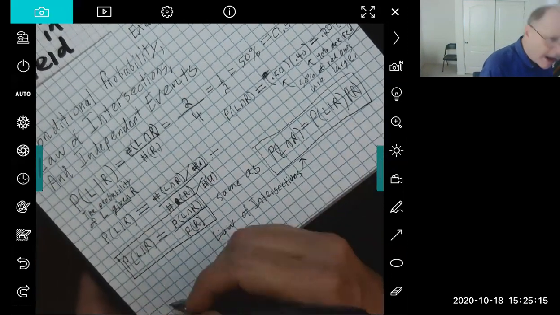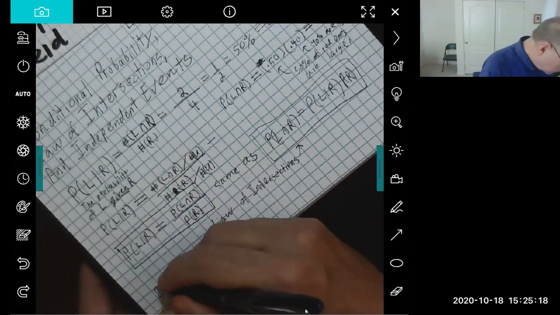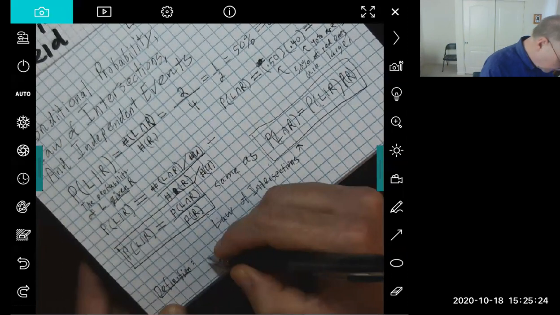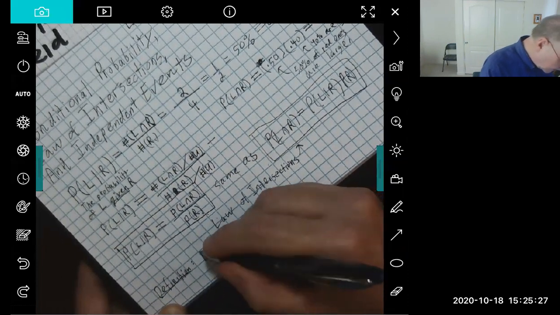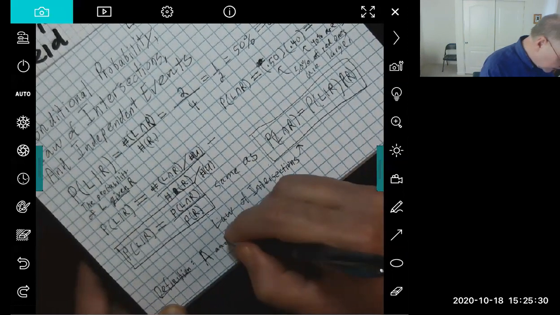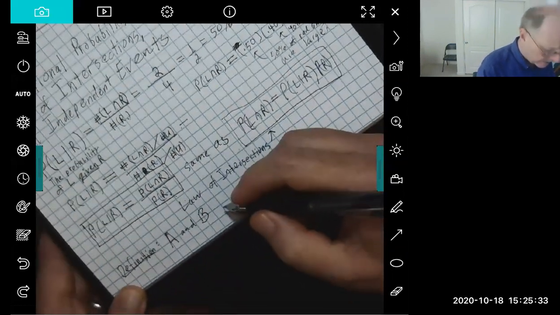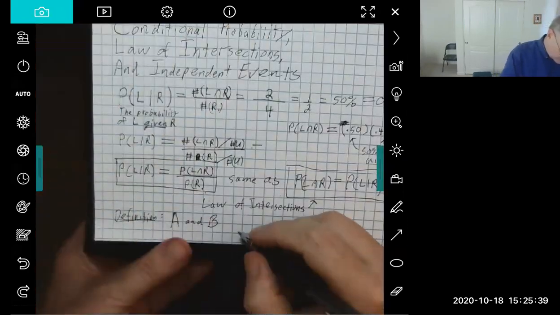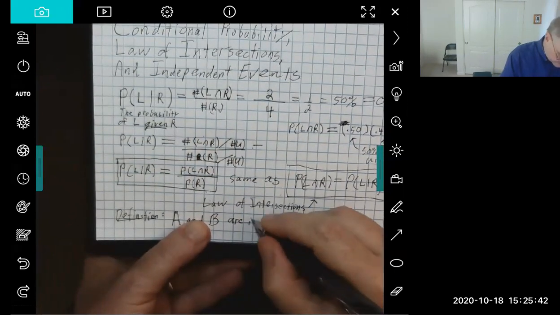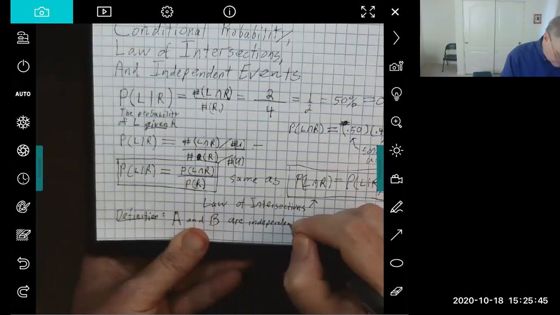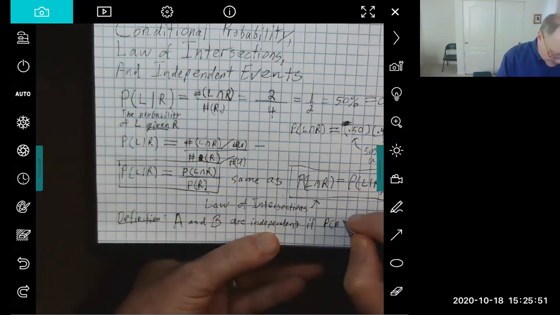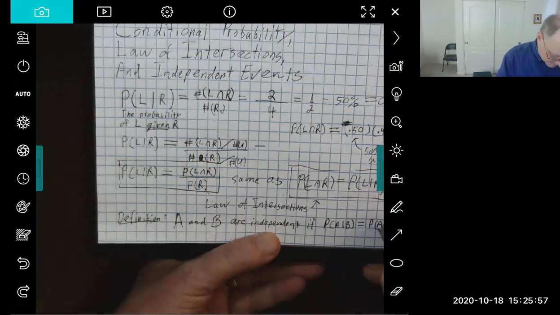So I've got a definition for you. The two events, A and B, are independent if P of A given B is just the same as P of A given nothing.